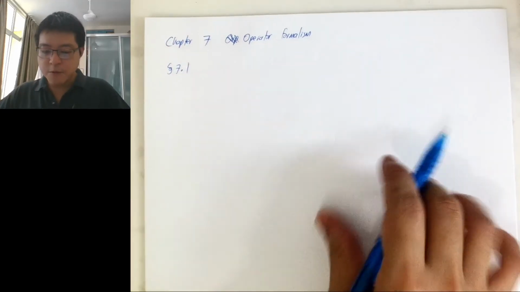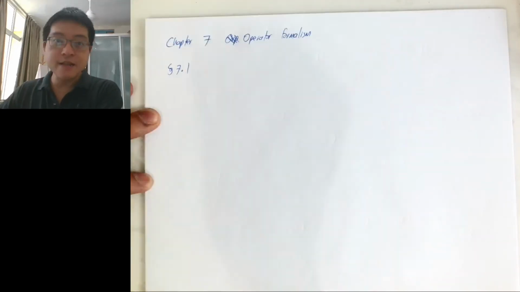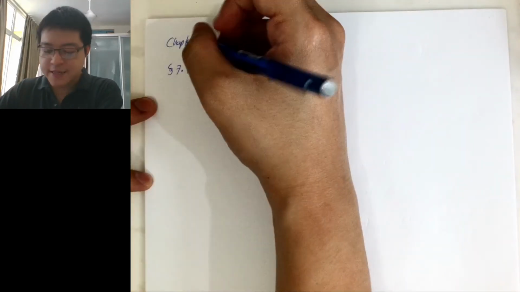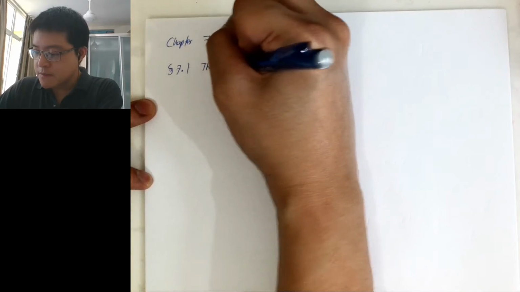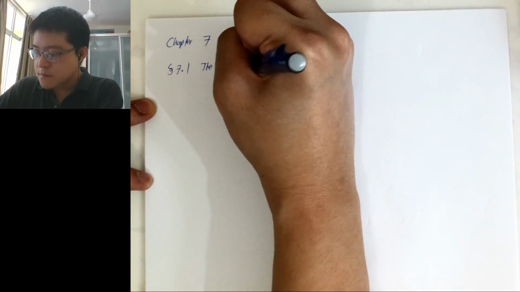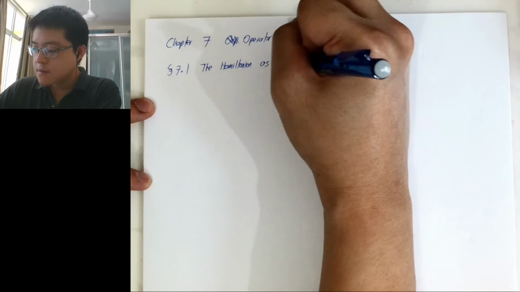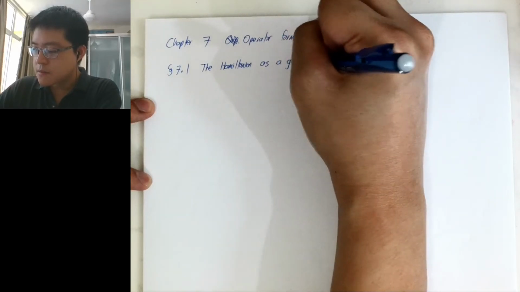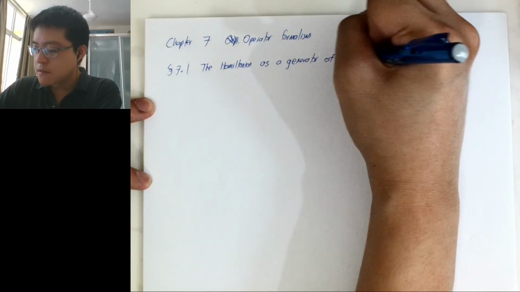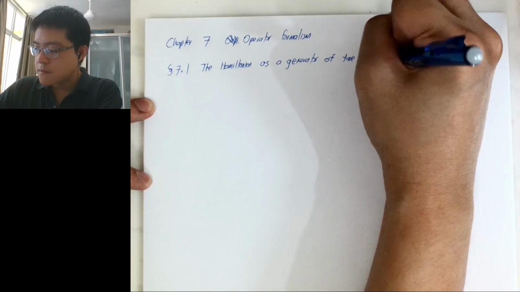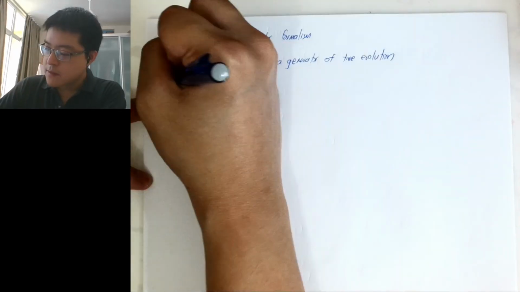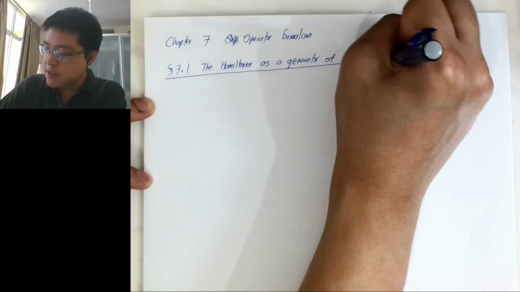So this is 7.1, and the title of this section is also another fancy name, the Hamiltonian as a generator of time translation. Time translation and time evolution mean the same thing.